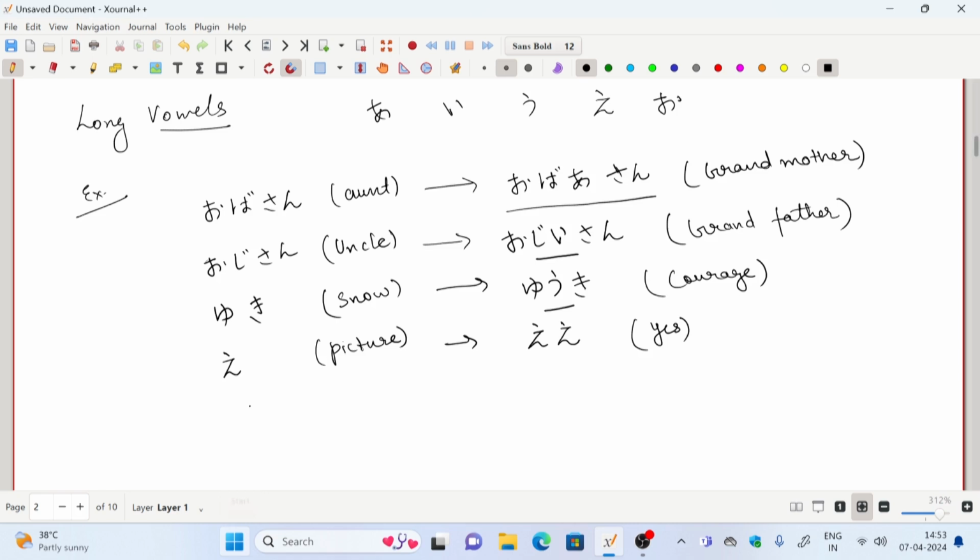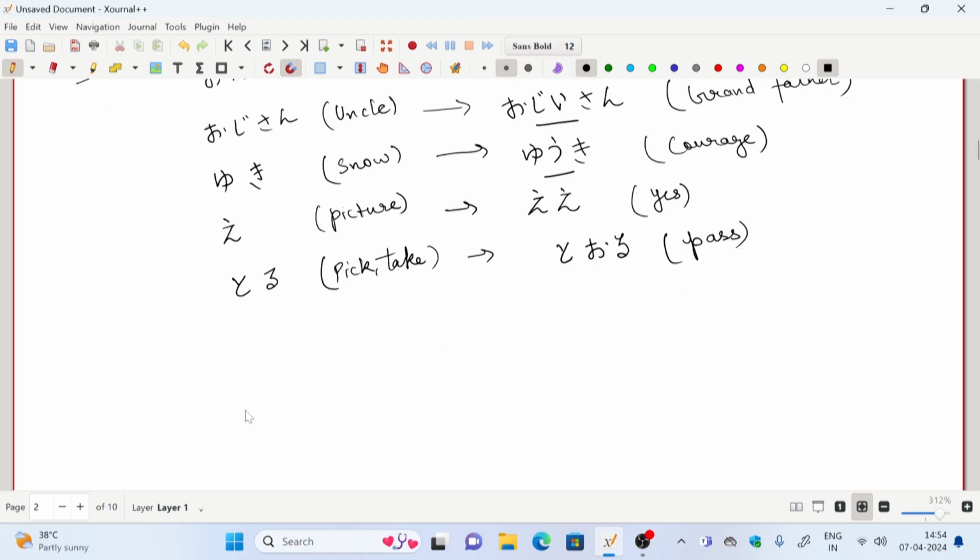Next is toru. Toru means to pick something or to take something. If we elongate to with o, it will become tooru, which is to pass. Toru is a verb. Toru and tooru, both are verbs here. Next is koko.